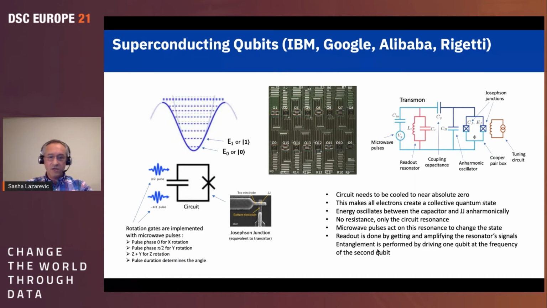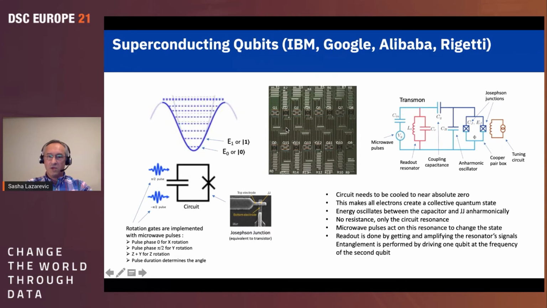So you see here how they look. Here in the middle we have a chip with 16 qubits. These small things that you can see are qubits, and these wires are control wires.